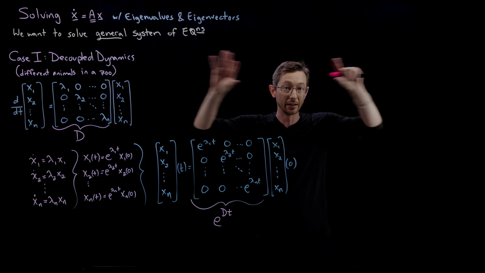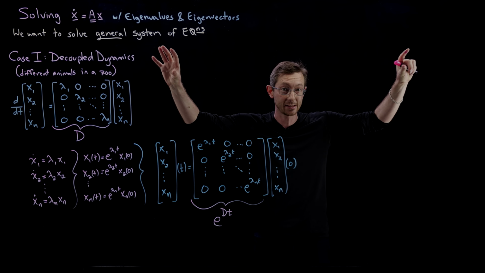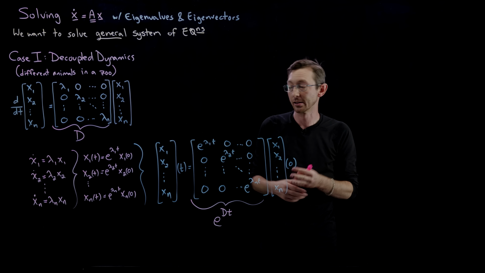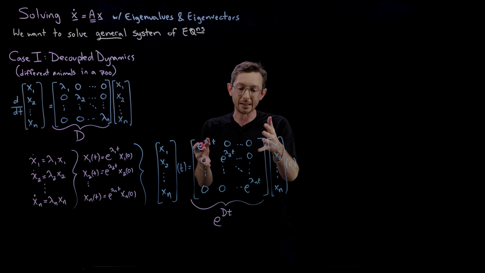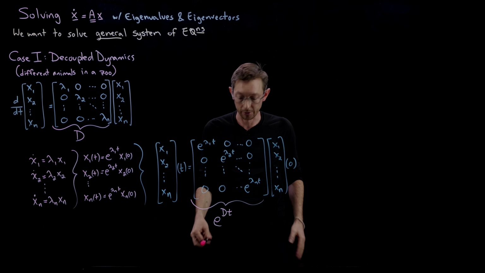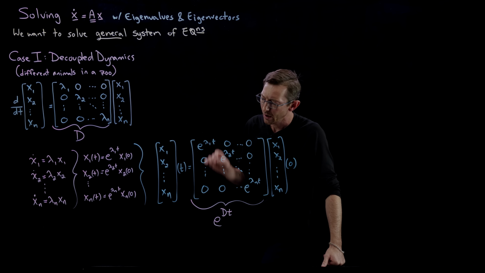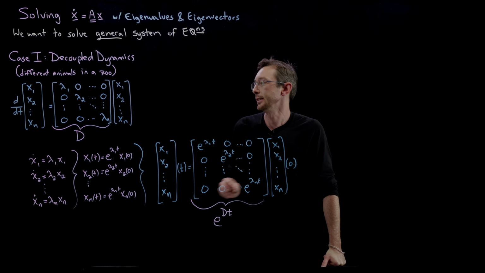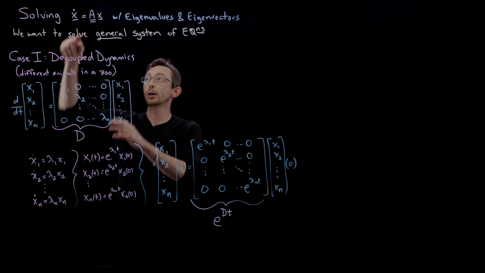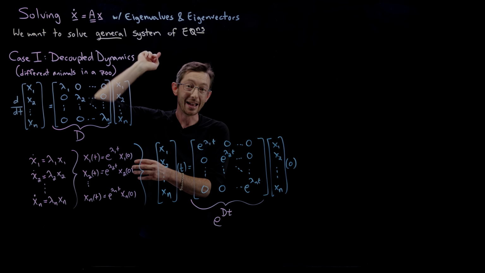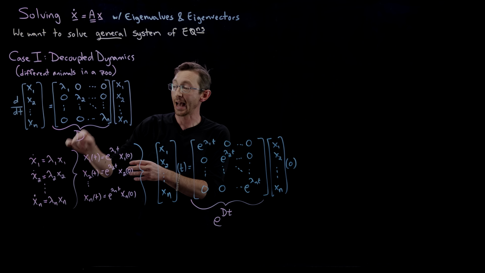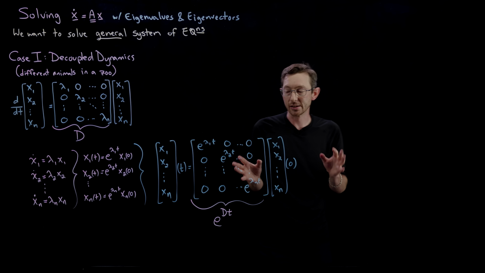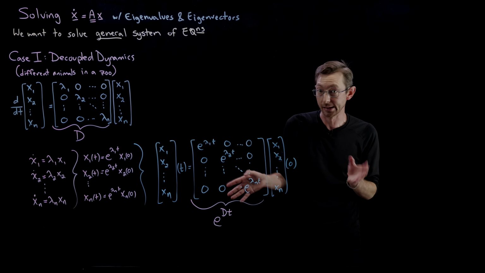You literally take the Taylor series for e to the x, and you just plug in a matrix for x, and you work it out. That's how you take matrix exponentials. And this is what you get for decoupled dynamics. Okay, so this is really, really, really easy to solve my system of equations x dot equals Ax if A is a diagonal matrix D. Good. So I hope I've convinced you that that's really, really easy.